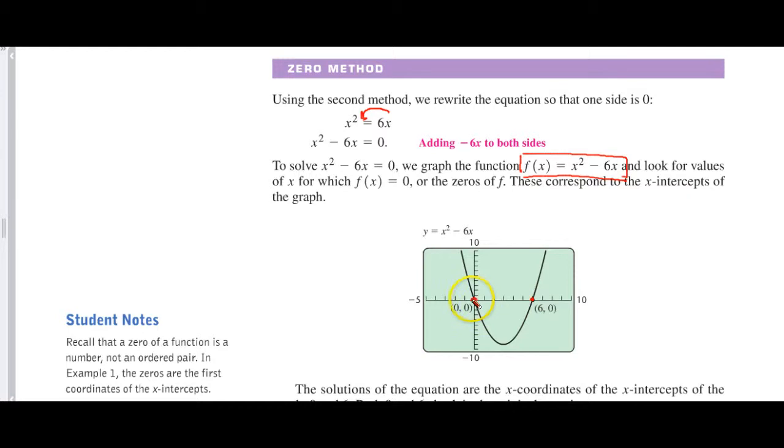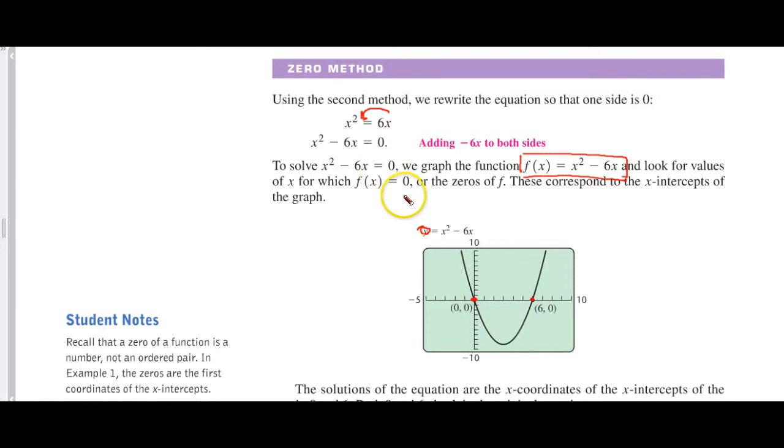Now, what did we say the value of y, this y here, was when it passes through the x-axis? Well, y is going to be 0. So in a sense, we have this.